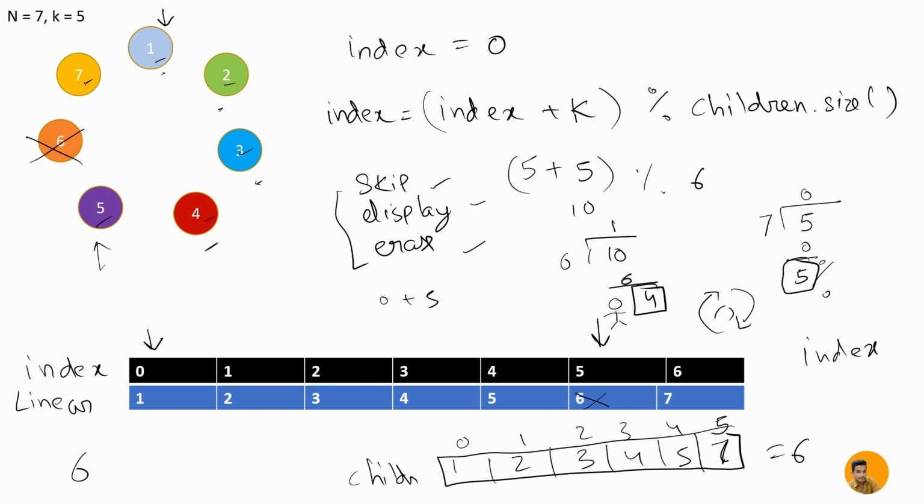So your index position will now be 4. You have skipped 5, and now you have to remove this 5. So you display 5, and then you erase. This 5 will be gone, and this is how we will keep on rotating over this children array.